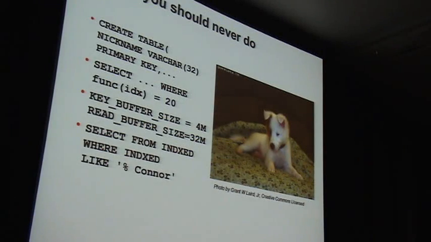So here are some things that you should never do. This first example is specific to InnoDB, but it could really be true of just about anyone. If you ever do create table with a varchar32 as the primary key, every time you do that, a puppy dies.